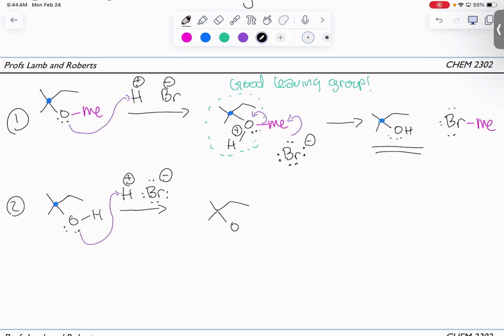Remember, we said that this is going to be an SN1 reaction. Not an SN2 reaction. So above, what we had done before is we had taken this bromide, which is a pretty good nucleophile.